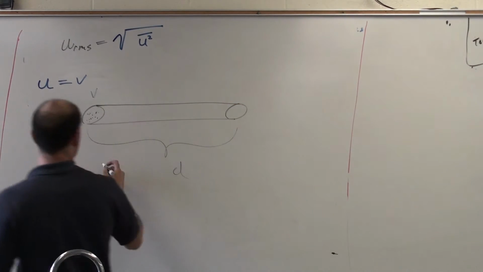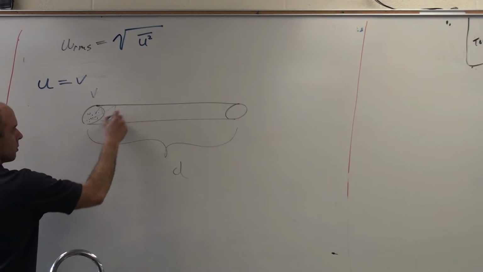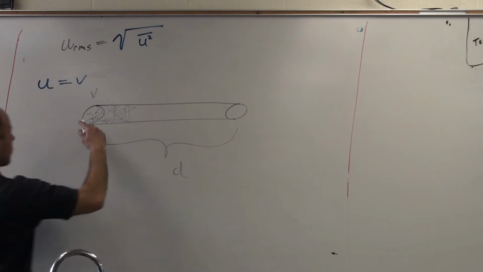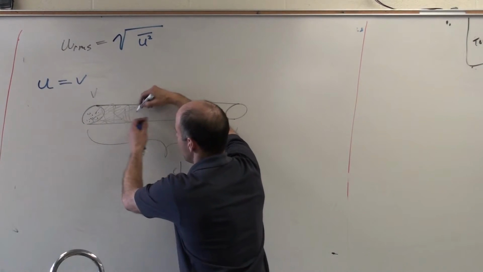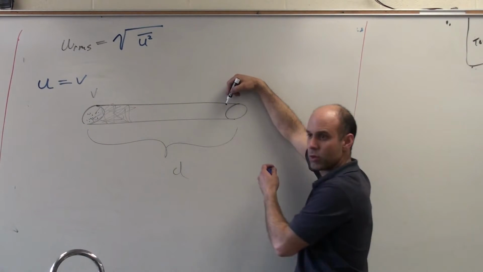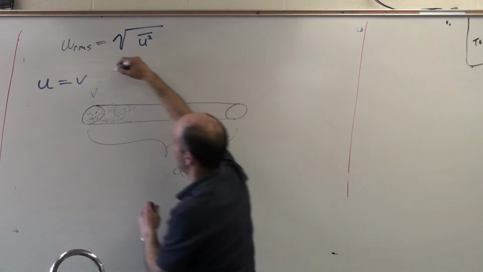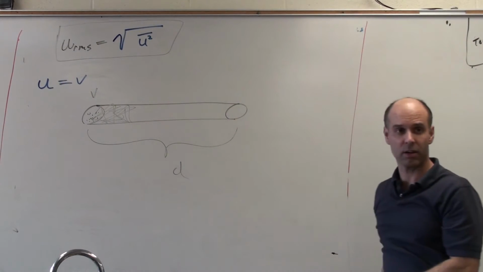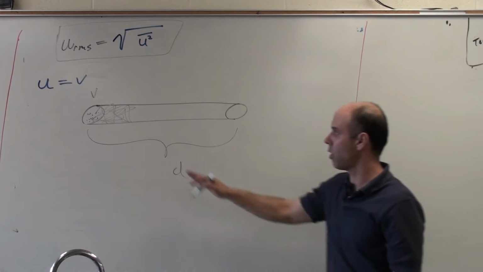But gas particles don't do that. They go boom, boom, boom, boom. So it's going to take a while for all these gas particles colliding to work their way all the way down the tube. And it is more predictive to use the root mean squared to predict how long it would take.